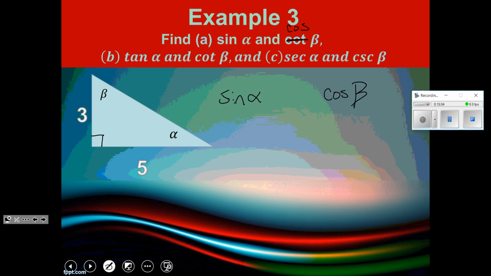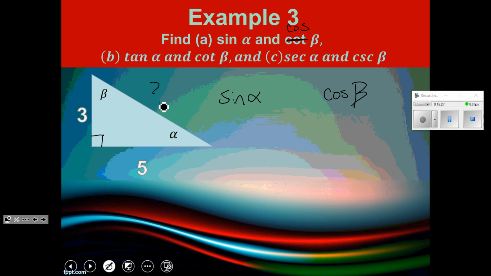Okay? So the question I got over here, and I think I got it over here too, was I don't know which number. The first thing I'm going to do is find this piece right here. Because I can't do all this. I'm going to need all three pieces to find my adjacent, opposite, and hypotenuse.